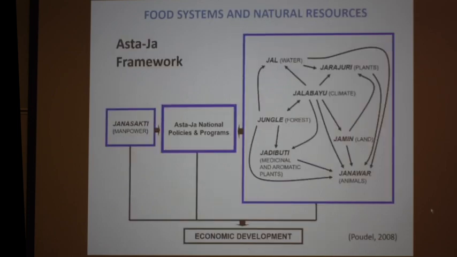And these drivers have to be very well embedded with the Asta-Ja Framework, which includes 8 J: Jal, Jamin, Jungle, Jadibhuti, Janashakti, Janavar, Jalavayu, and Jarajuri. That means the agricultural system is a part of this whole natural resource system, which is Asta-Ja.